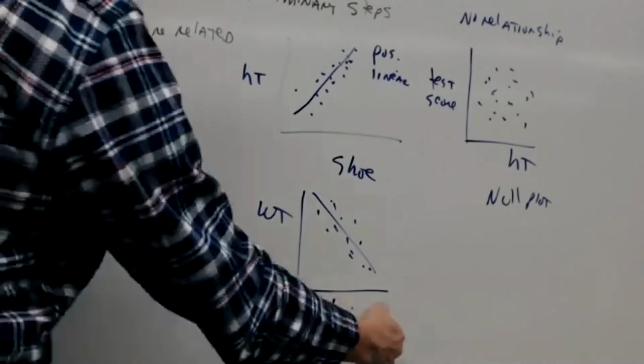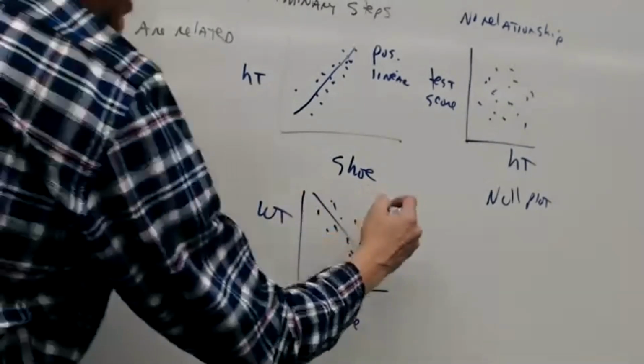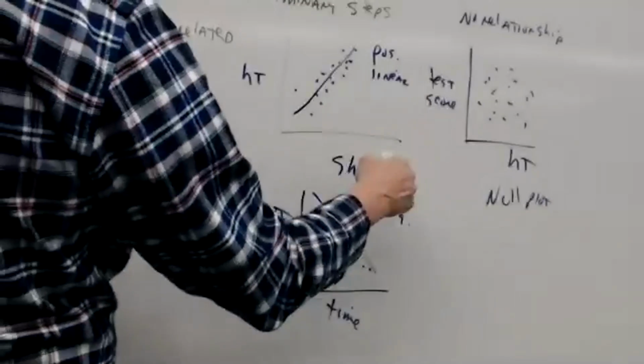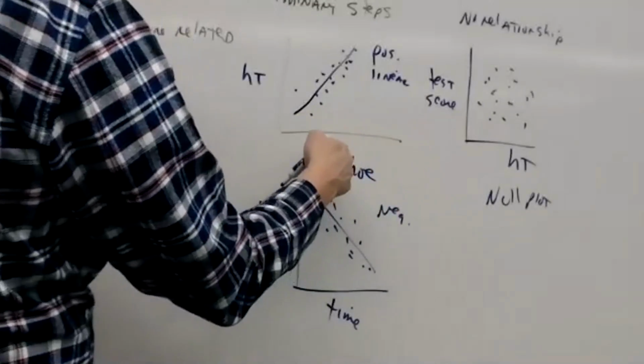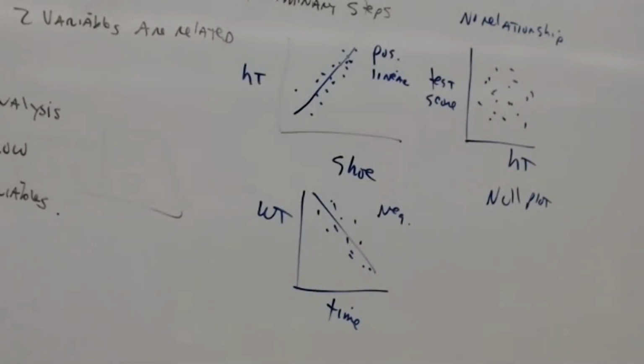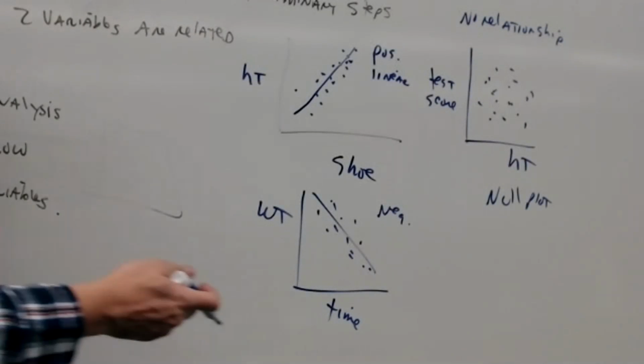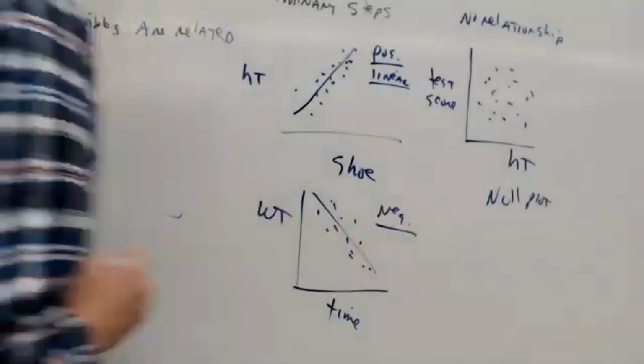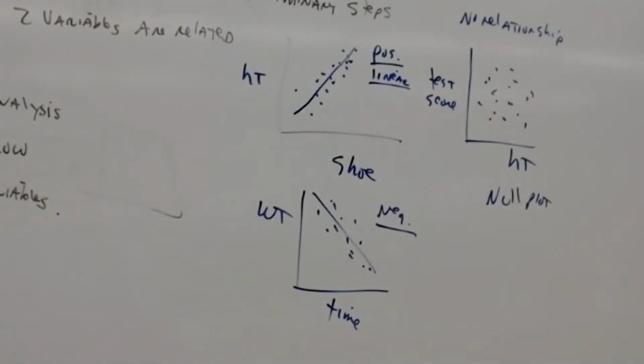People who exercise more weigh less, so this would be a negative relationship. So as this one, tall people have bigger feet. People who exercise more have lower weight, okay? So this would be an example of a positive linear relationship. This would be an example of a negative linear relationship, okay?